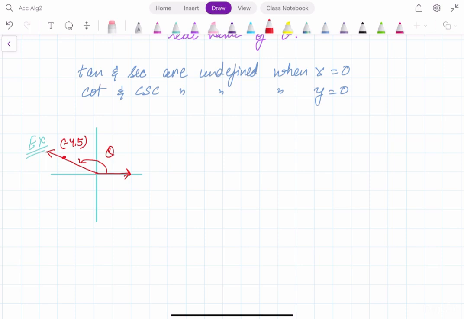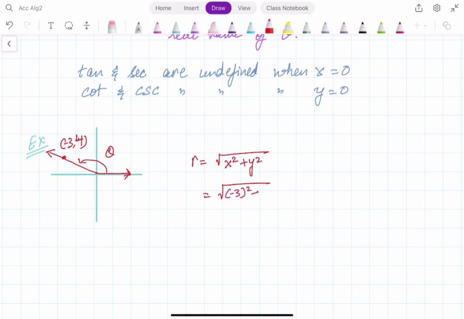Let's say we have a point on the terminal side as negative 4, 5. Let's take another coordinate. So let's take negative 3, 4.